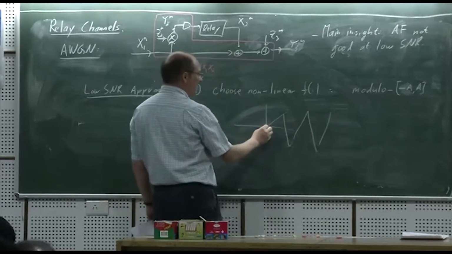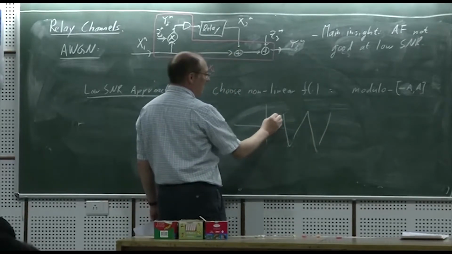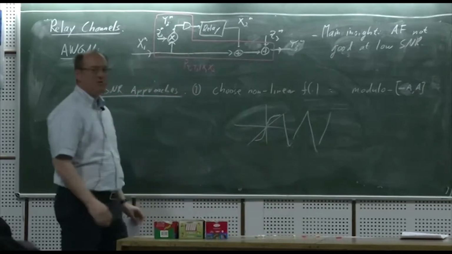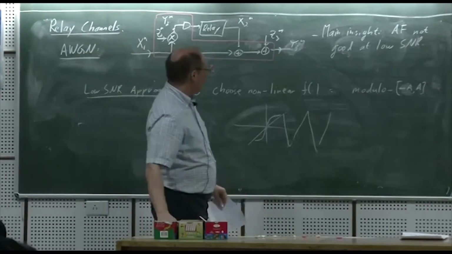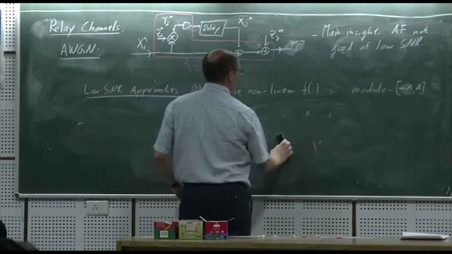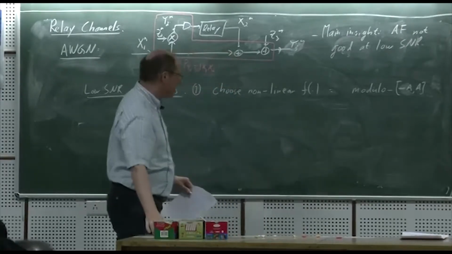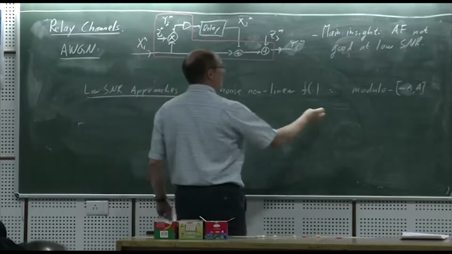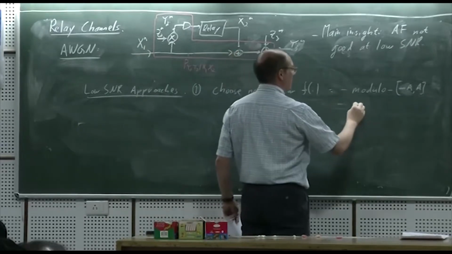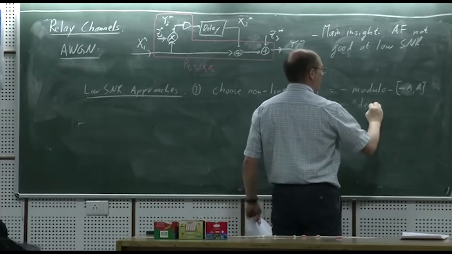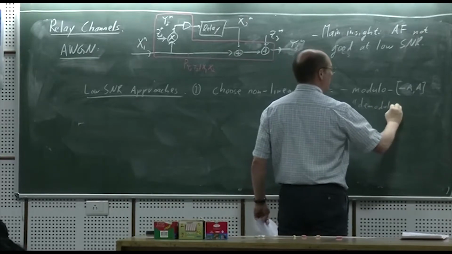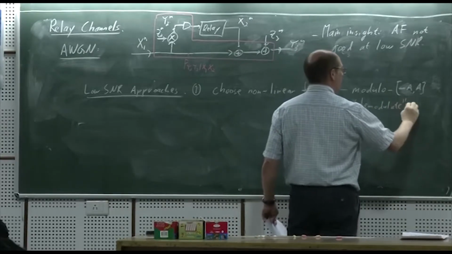But it turns out the optimal function sometimes has these S shapes that you might even expect. And one extreme version of that is something you might call demodulate and forward. So you just do a hard decision at the relay.